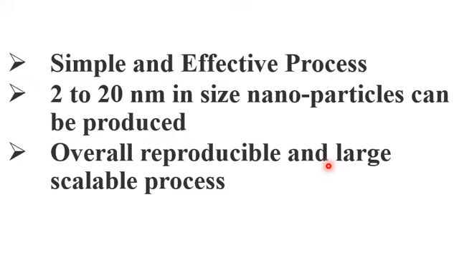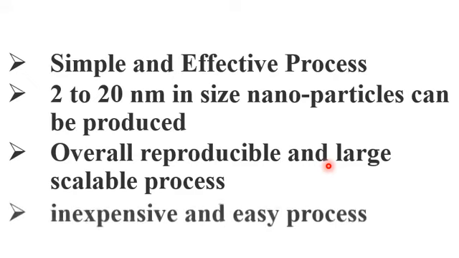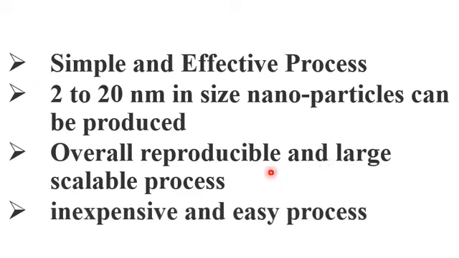Okay. Another advantage of the ball milling method is that it is an inexpensive and easy process. You don't need expensive chemicals in the ball milling process. You just need a bulk material which you want to convert into a nanopowder.